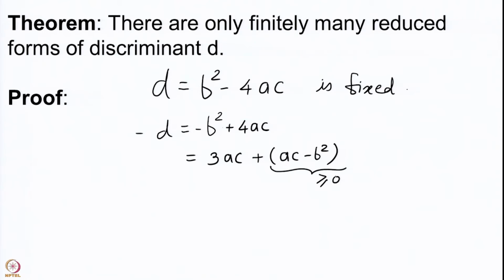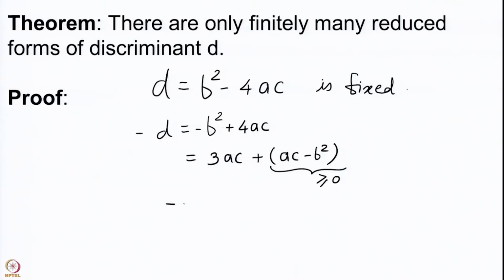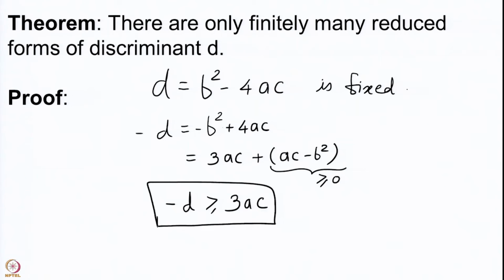B is not allowed to be bigger than A. Even mod B is not allowed to be bigger than A. B is between minus A and A, and A is less than or equal to C. So, AC always is going to be bigger than or equal to B square. So, this quantity is bigger than or equal to 0, and therefore, what we get is that minus D is bigger than or equal to 3AC.